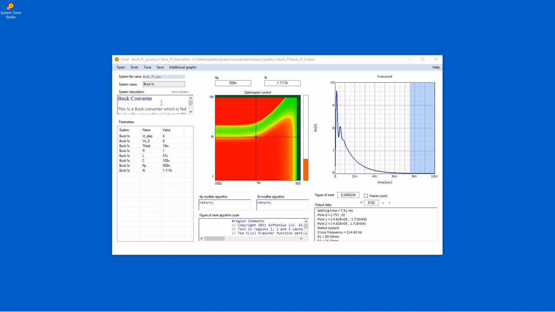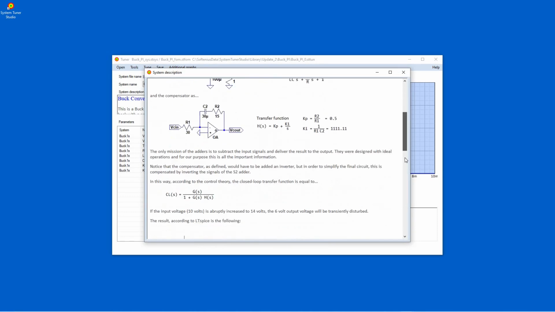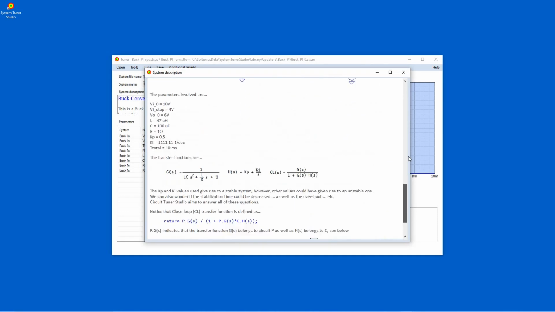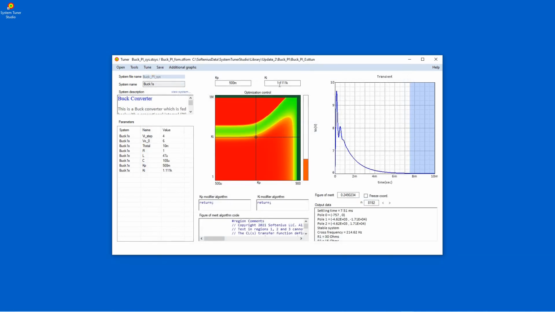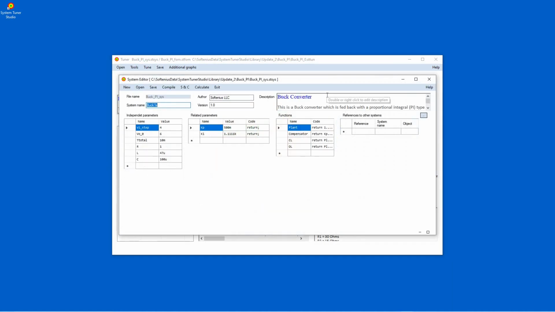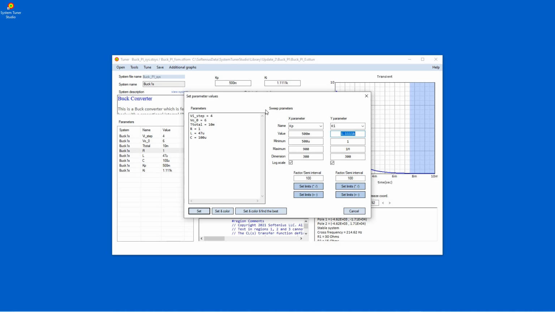This one allows access to a description of the system. Through this one you can see the system programming. This one contains the parameters of the system, and through it, it is possible to change its values.